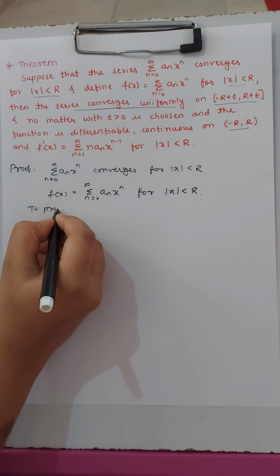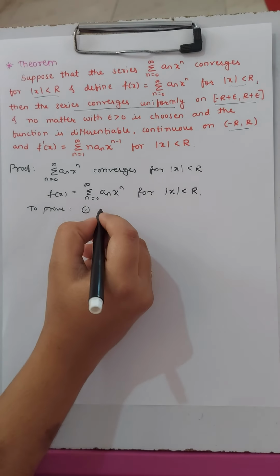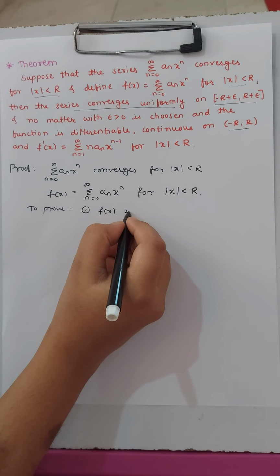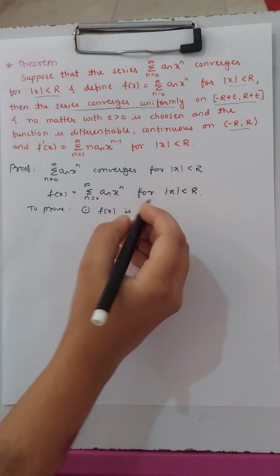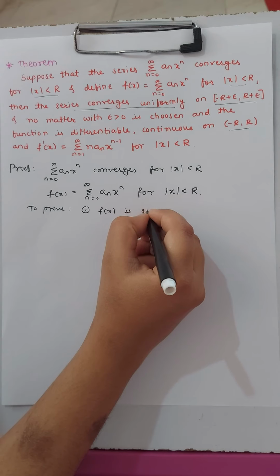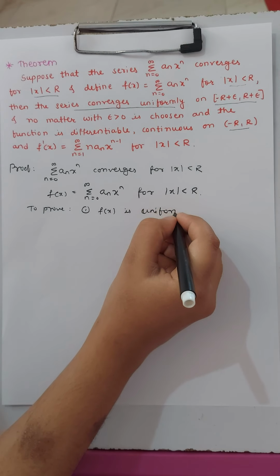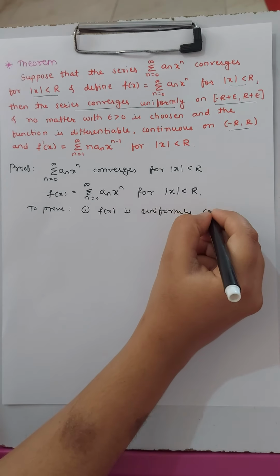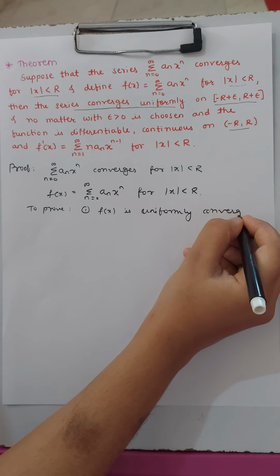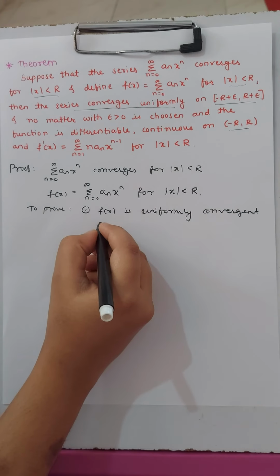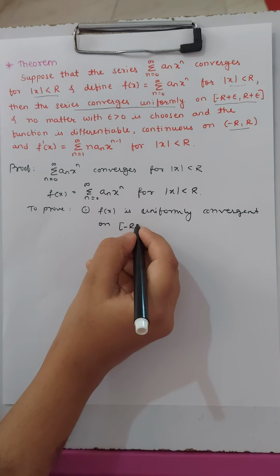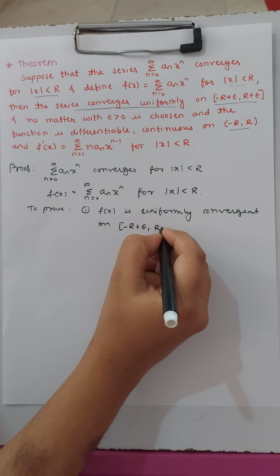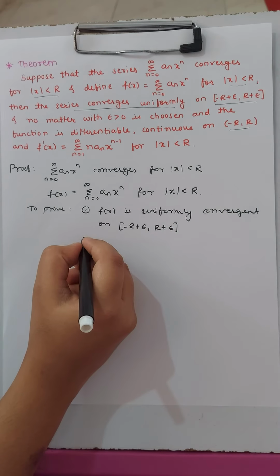The things we have to prove here are, first, that this function f of x is uniformly convergent on the interval minus r plus epsilon to r plus epsilon.